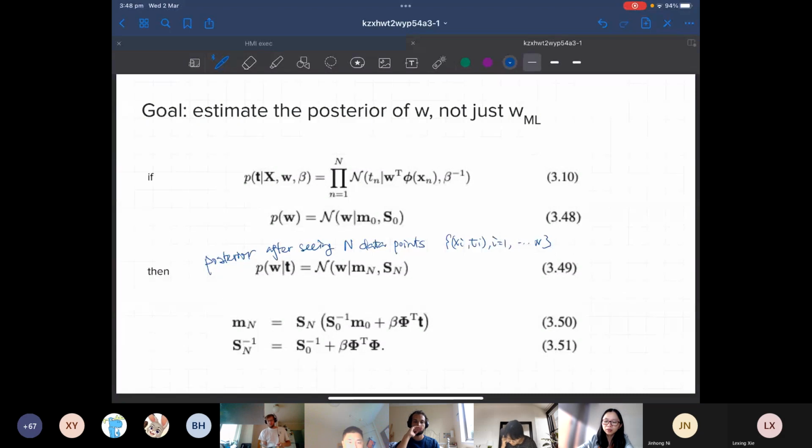And this is what the notation of m sub n and S sub n means. The reason that this is written in such a way is because now we can ask questions about what if we have more data versus less data.